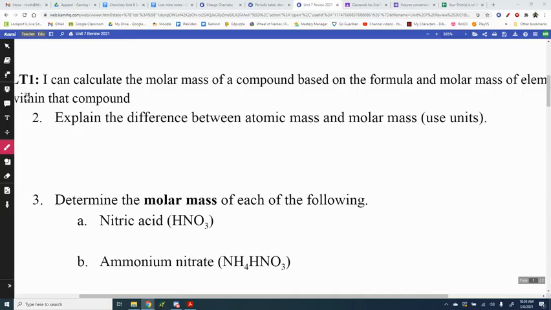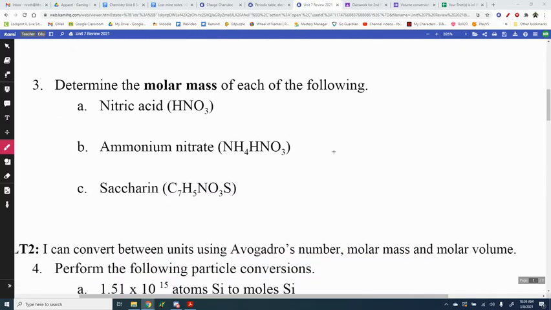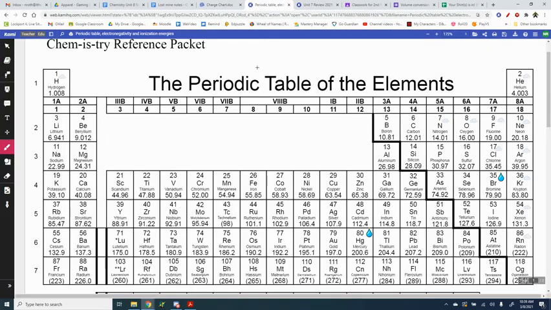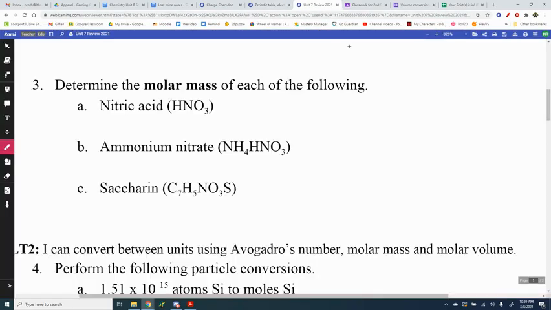To determine the molar mass of a substance, we have to find the molar mass of the different elements in the substance in the periodic table. So nitric acid, HNO3. We have to find H, N, and O. H is 1.008, N is 14.01, O is 16.00. So we write those down: 1.008, 14.01, and 16.00.